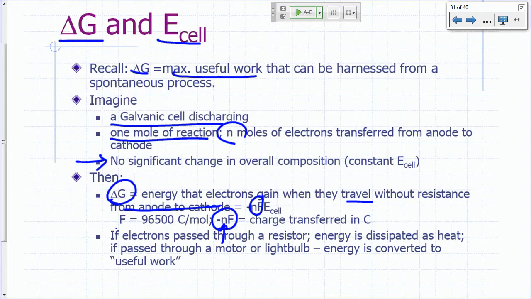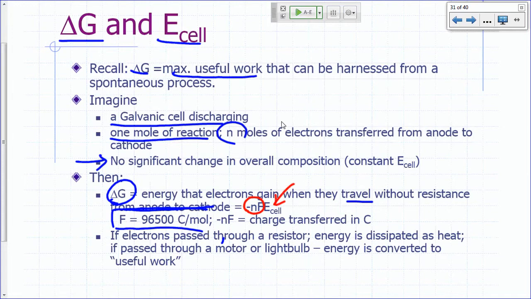Remember, the Faraday constant is a charge per mole, the absolute value of the charge of 1 mole of electrons. Negative F is the actual charge since electrons are negative. So negative nF right here is the charge of the n moles of electrons transferred.